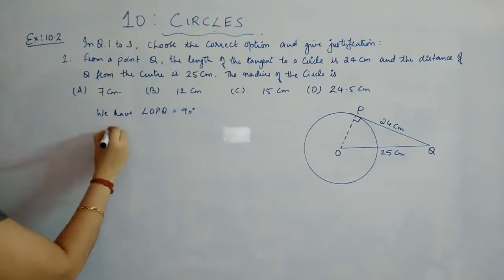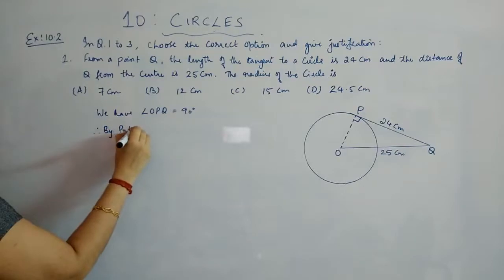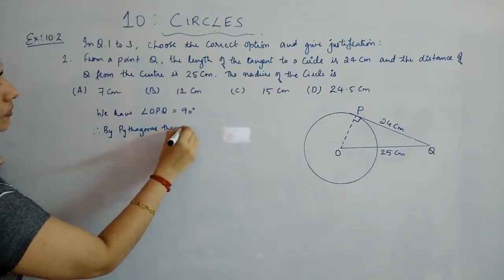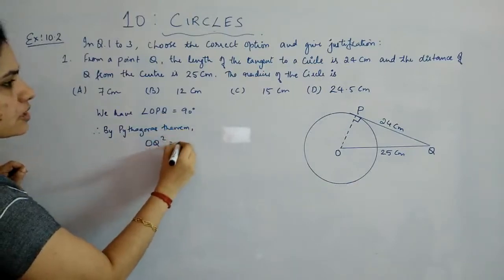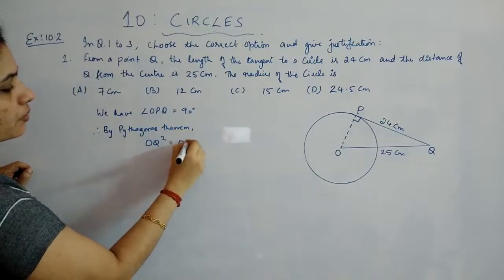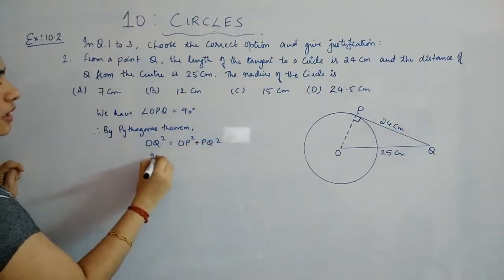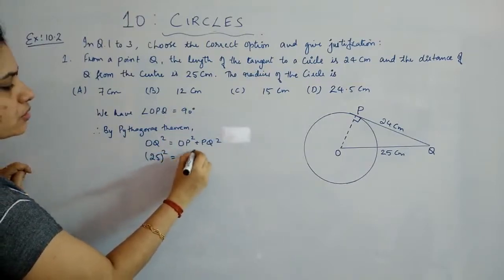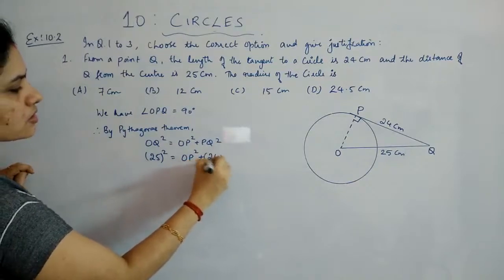What you will get, therefore, by Pythagoras theorem, OQ square is equal to OP square plus PQ square. What is OQ square? 25. So it is 25 square is equal to OP square, you don't know, plus PQ square is 24 square.